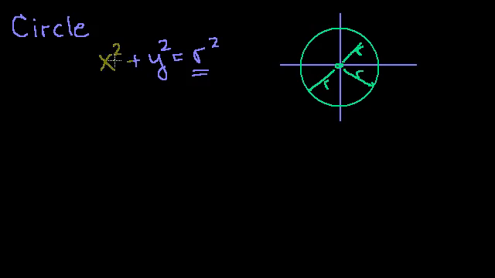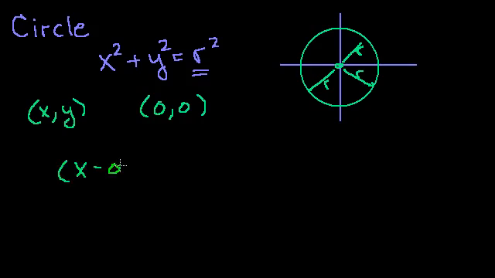And to some degree, this formula is just an extension of the distance formula, which is really just an extension of the Pythagorean theorem. So for example, if I want to know the distance between some point x comma y and the point 0, 0, you take the difference of the x's, so x minus 0.